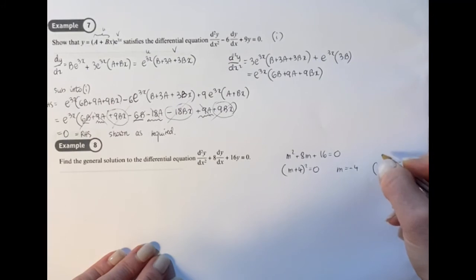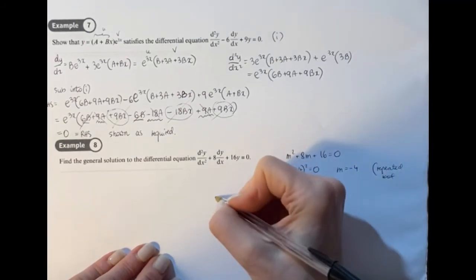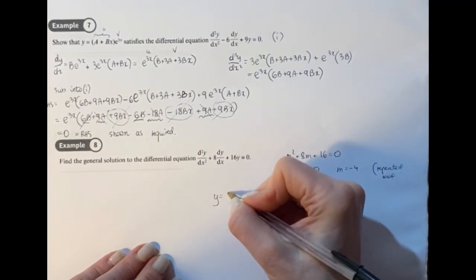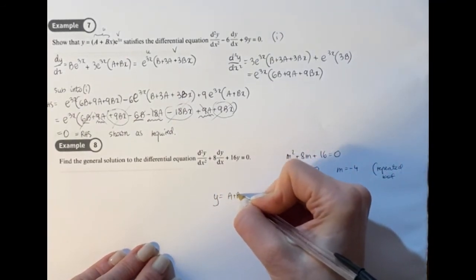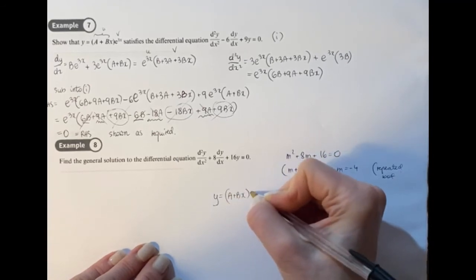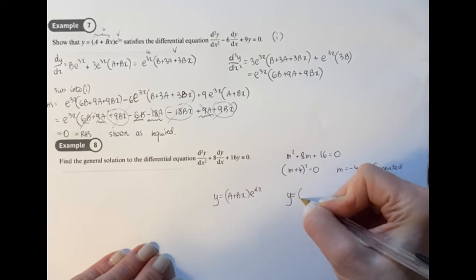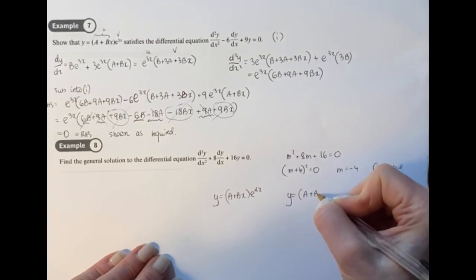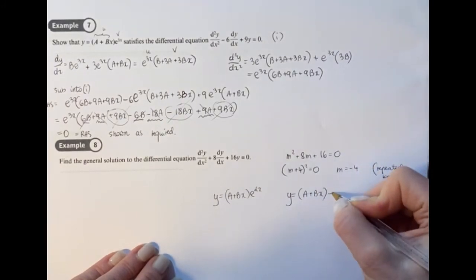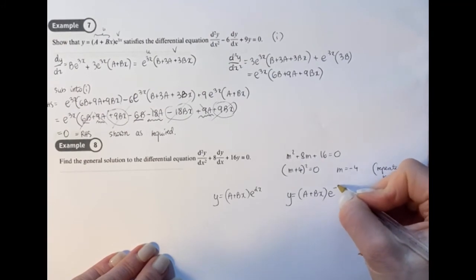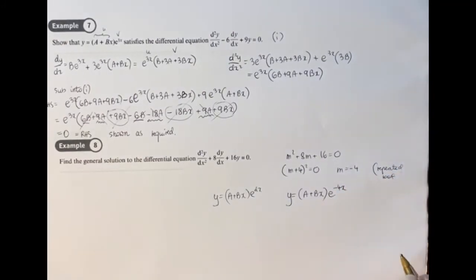This is a repeated root. So I know what form it takes, y equals a plus bx e to the power alpha x. So in our case it's y equals a plus bx, these remain as constants, e to the power of minus 4x. Done. Really quick.